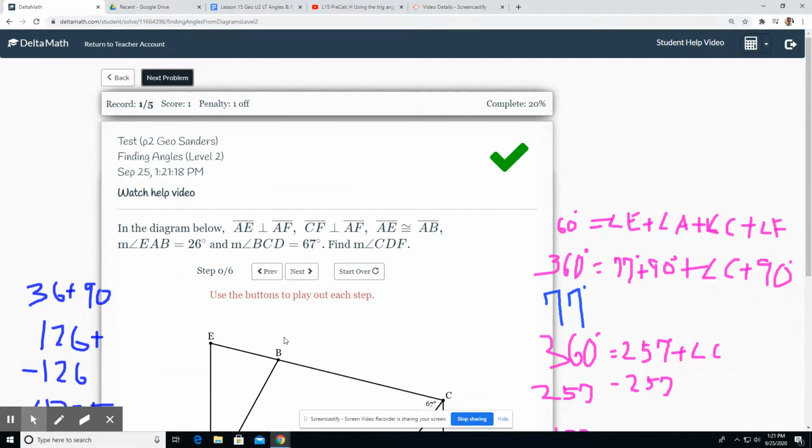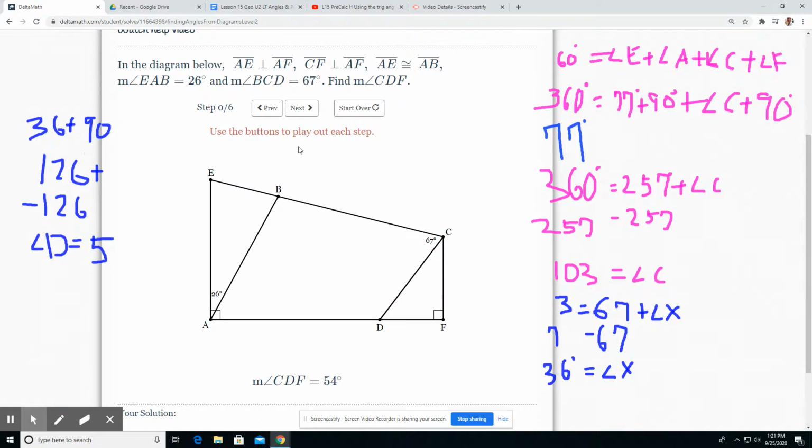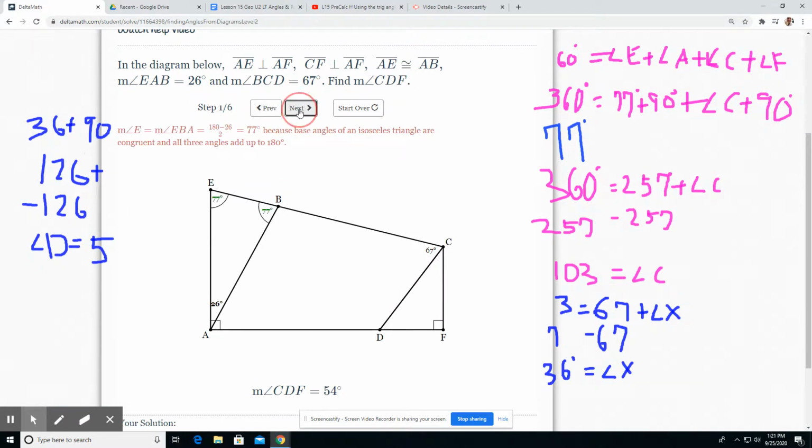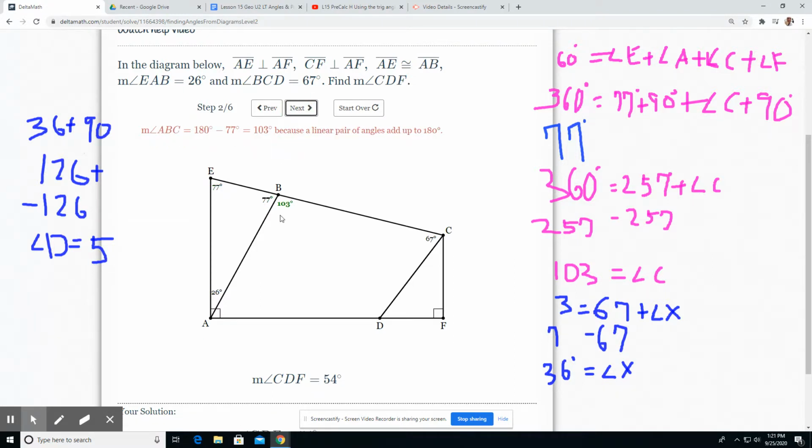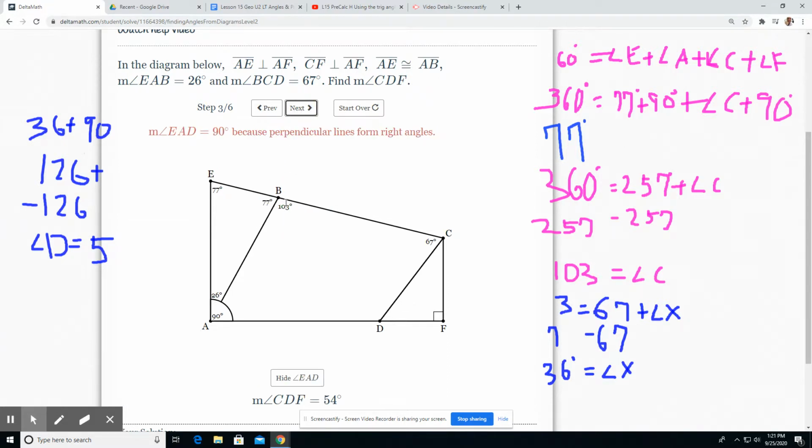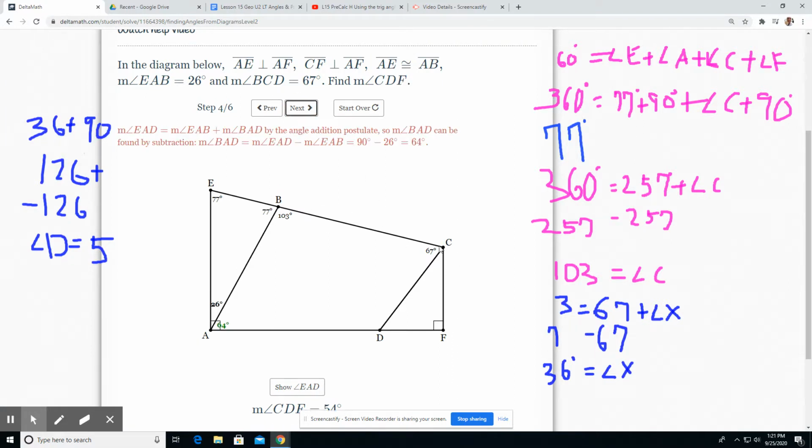Nice. All right, let's see if they use the same steps I did. Yep, isosceles triangles have 77. That gives us supplementary. They call it adjacent here, but those connect, make 103. Then I'm looking at all the corners, and I'm able to make that 64.